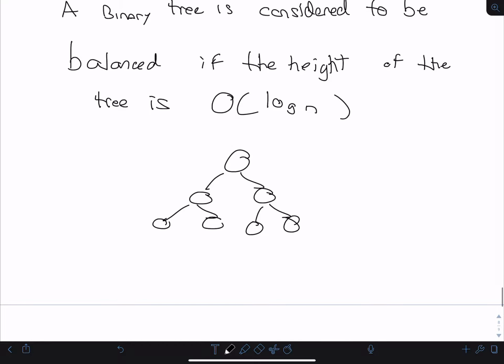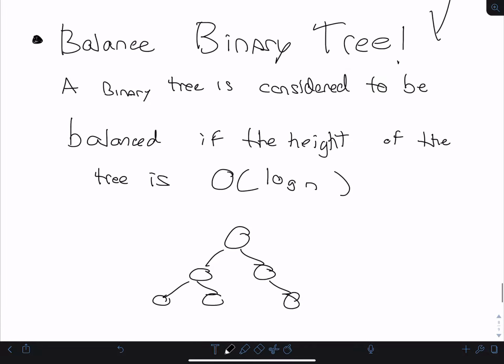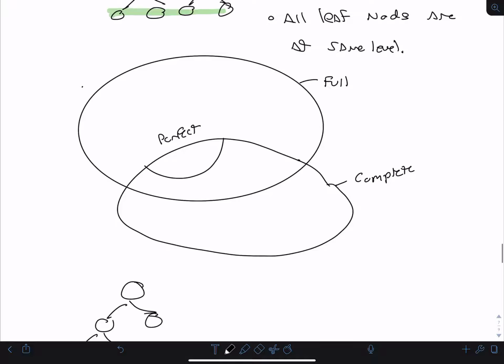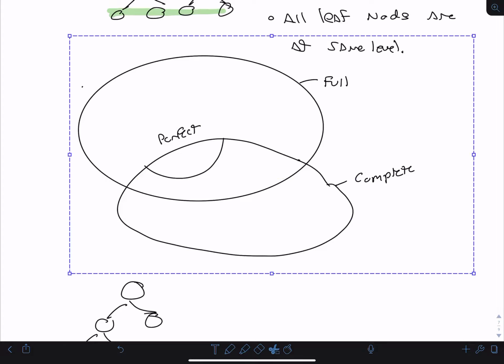But this is neither a perfect binary tree nor a complete one, right? However, this is actually a balanced binary tree. So if you want to go back to your Venn diagram, that's nasty. Let me copy it, otherwise it's going to look weird.